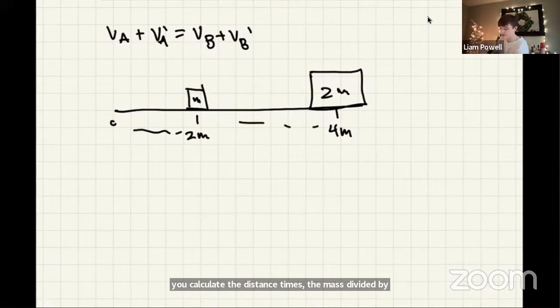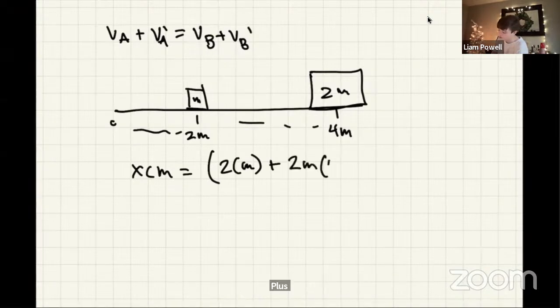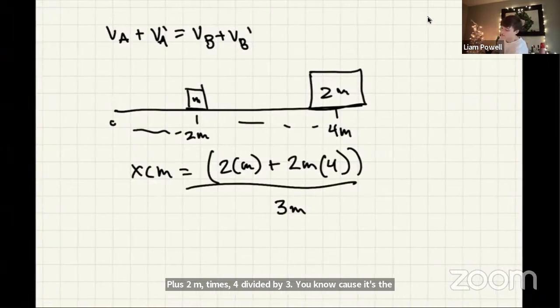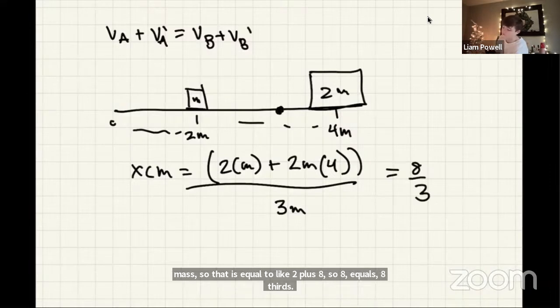So xcm is equal to 2 times m plus 2m times 4, divided by 3, because it's the total mass. That is 2 plus 8, so 8/3. So it'd be closer to around here, and it would be right there.